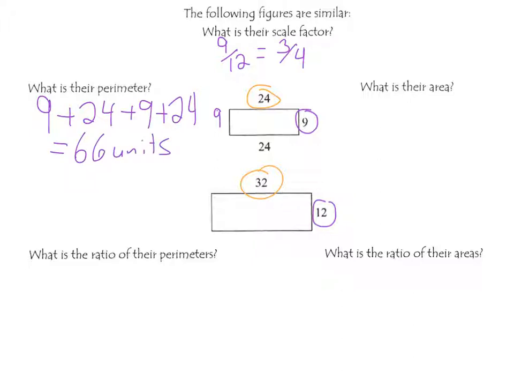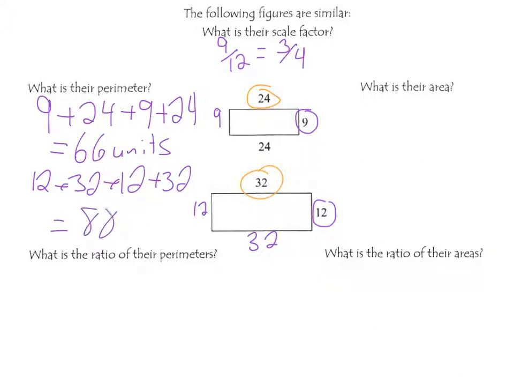And then if we look at this other one, there's 2 missing sides here. We can fill those in. And we can add those all together. And that should give you 88 units. Okay. And so if we look at the ratio of that, if we take that 66 over 88 and you reduce it, you can use your calculator for it, it turns out to be 3/4.